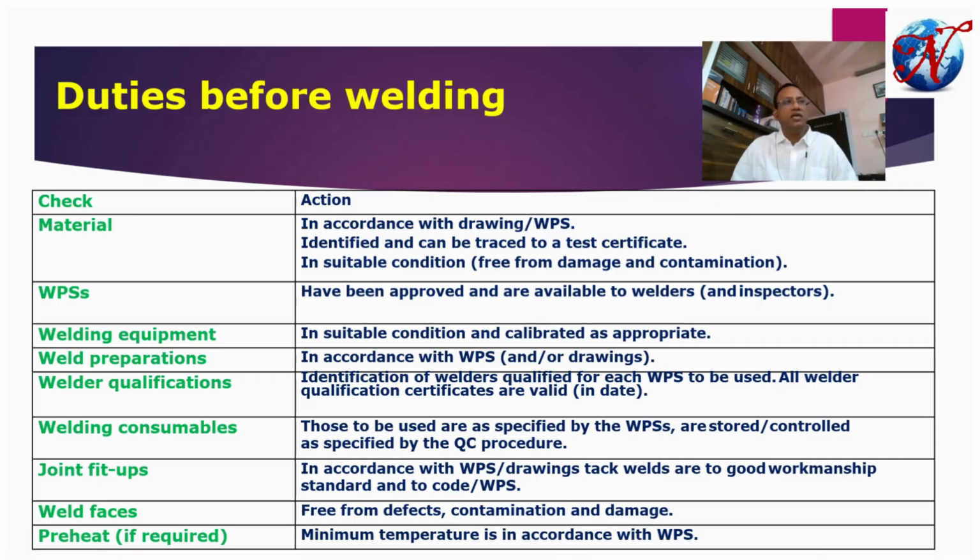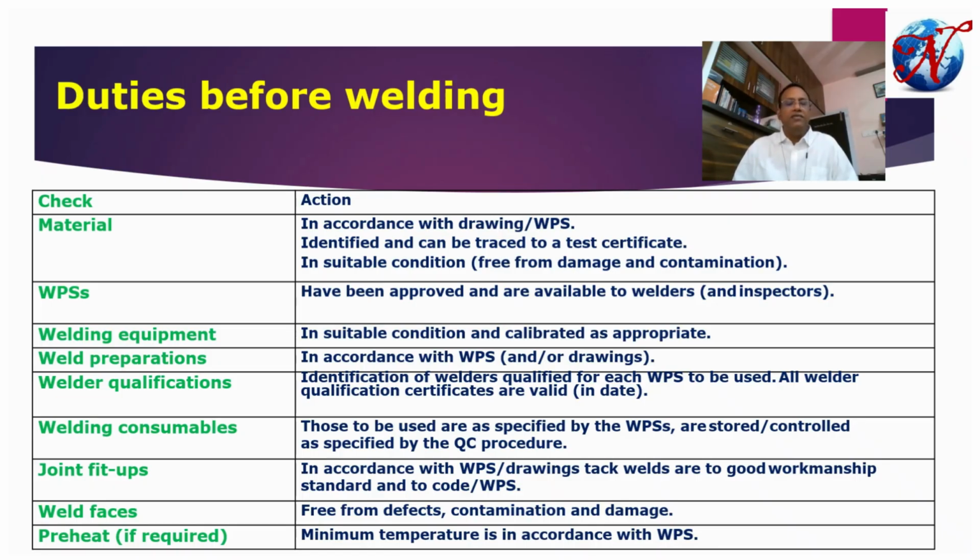In accordance with the drawing or WPS, the identification and test certificates of the material, filler wire, and consumables used to perform the welding need to be checked with respect to the available test certificates. Then he needs to check the WPS and the welder performance specification, that means the approved procedure.